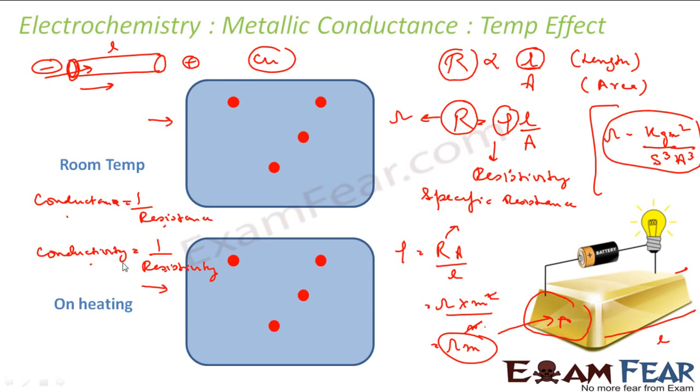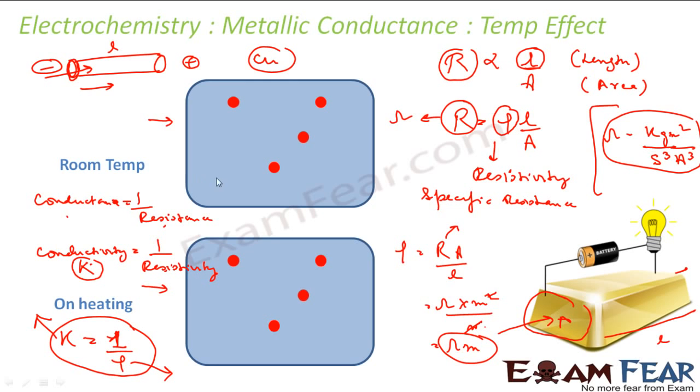Conductivity, or specific conductance, you call by K. K is kappa, right? So kappa is 1 by rho. Kappa is conductivity, rho is resistivity. Conductance is 1 by resistance, conductivity is 1 by resistivity.